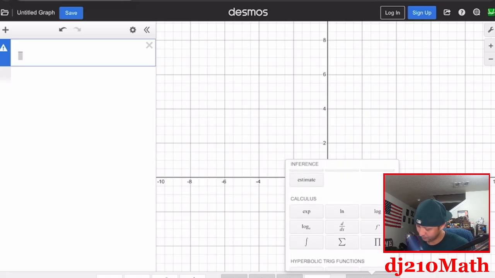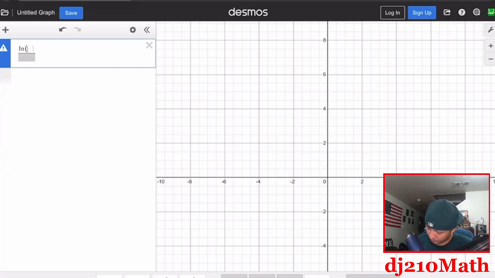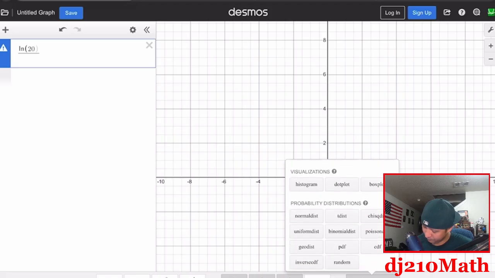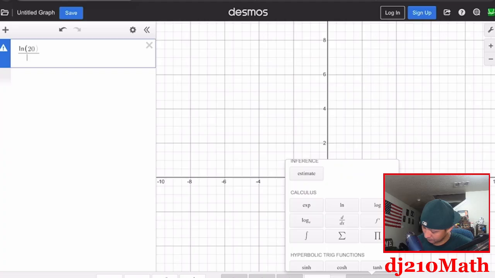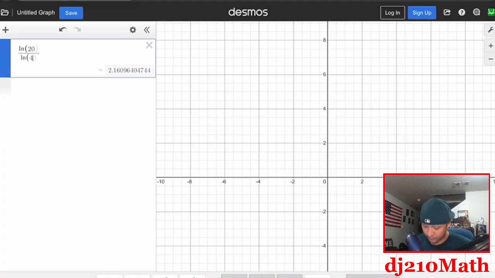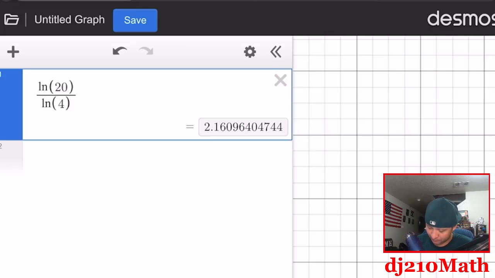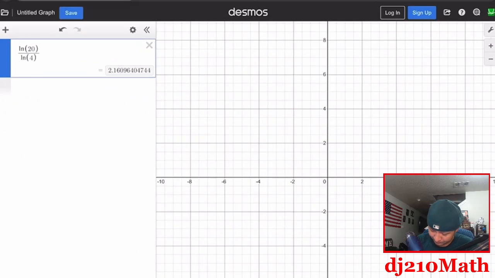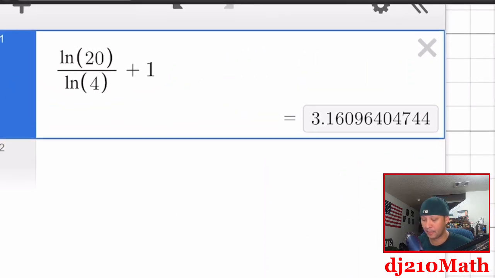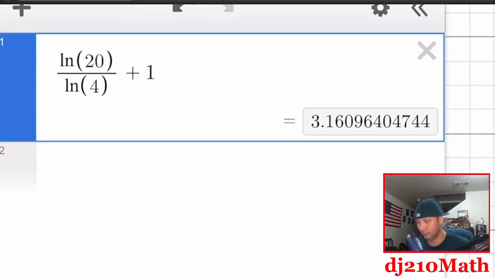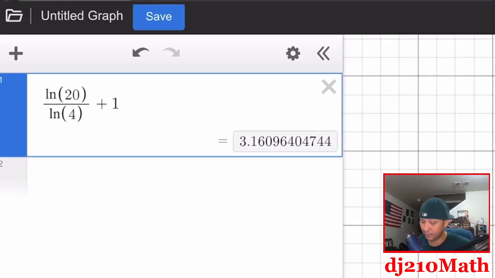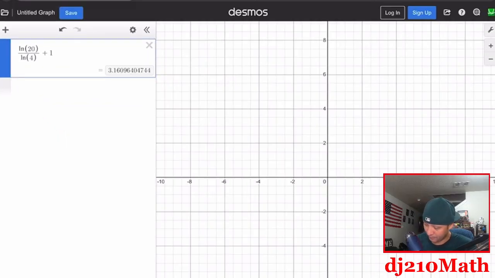It's in here. There it is. Natural log of 20 divided by the natural log of 4. See, it's only 2.16, blah, blah, blah. Plus 1. So that number is 3.16. That would be the approximate answer.